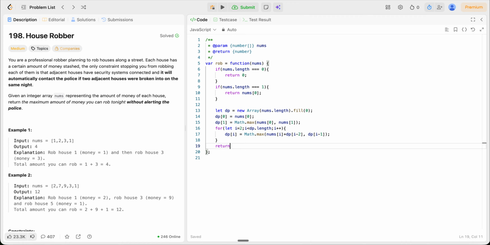My answer will be in dp of the last index, basically nums.length minus 1. So this is how it works. And also we are iterating from 2 because both the cases are already covered, and for i minus 2, if i is 2, 2 minus 2 will be 0. To even avoid going out of bounds, we are starting at 2.